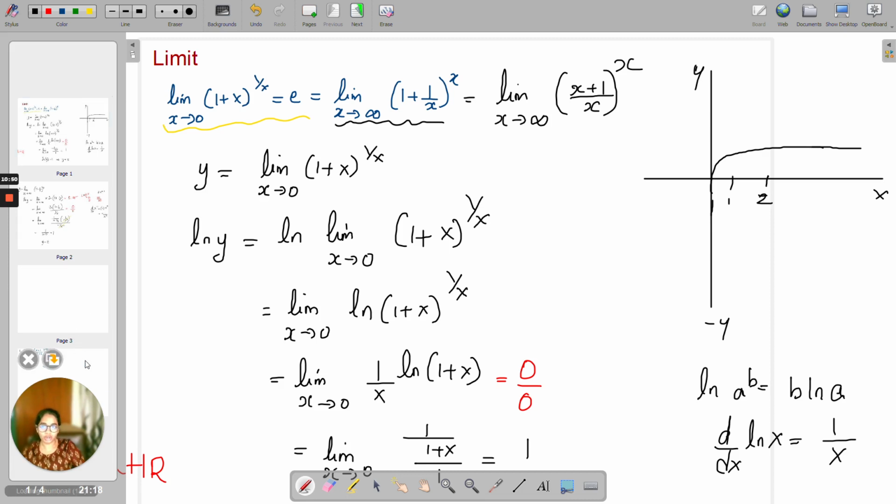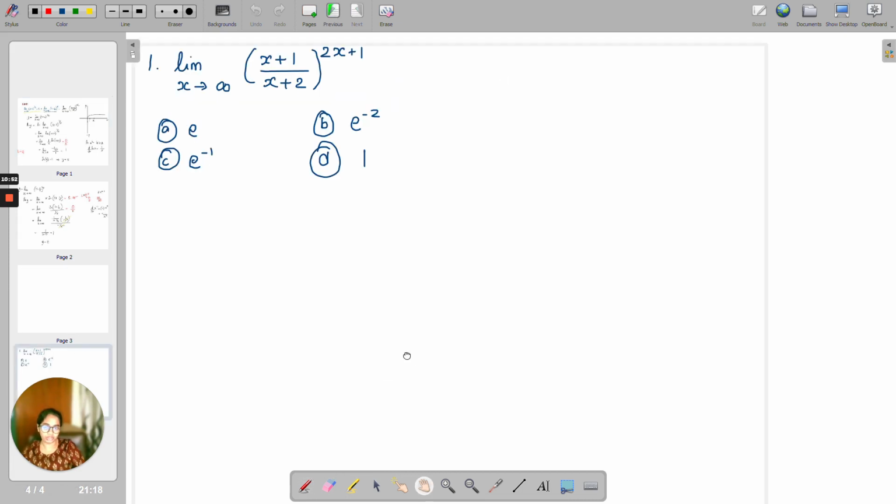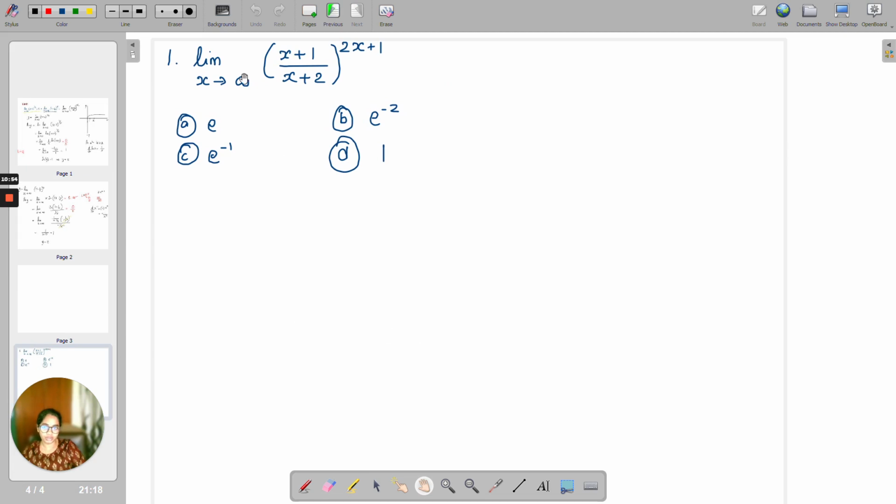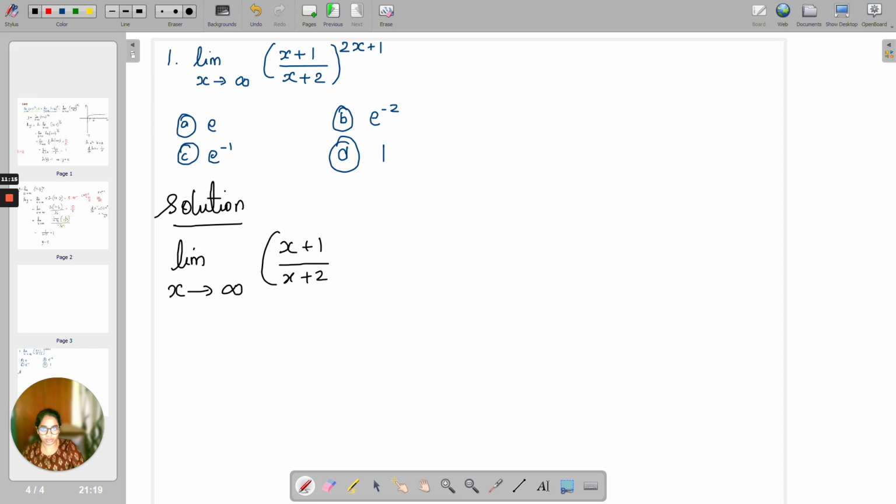So yes, let me solve a JEE problem over here. Okay. So this is the given question. Let me write it here. Solution. Okay. So we have limit x tending to infinity, x plus 1 divided by x plus 2 whole to the power 2x plus 1.